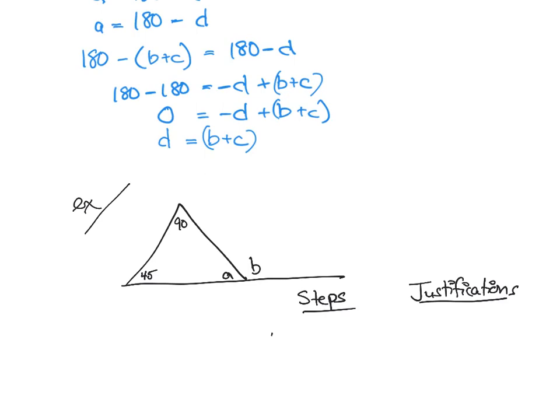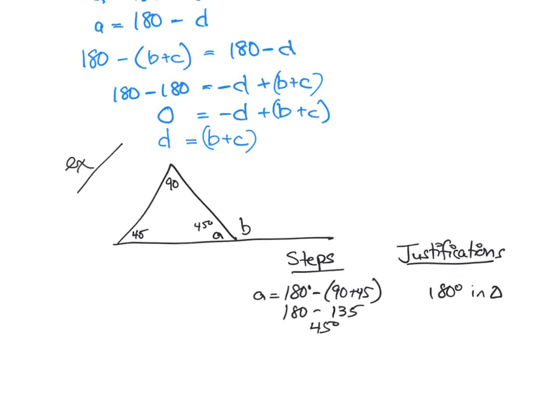You could say A is equal to 180 degrees minus (B plus C). Reason, 180 degrees in a triangle. So that's 180 degrees minus 135 degrees is 45 degrees. So A would be 45 degrees.